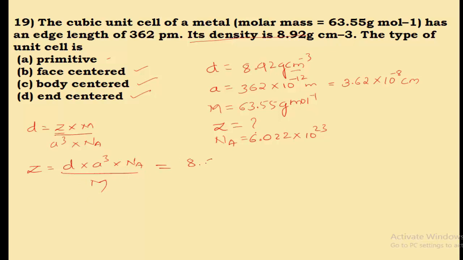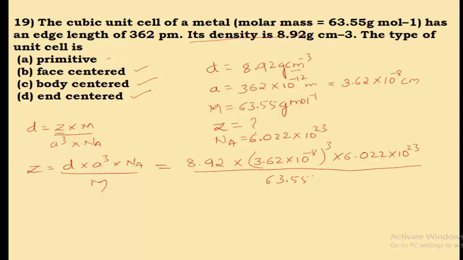D is 8.92 into A is 3.62 into 10 raised to minus 8 whole cube into Na is 6.022 into 10 raised to 23 whole divided by capital M. How much is the molar mass? 63.55. So on simplification you will get 4.0. That is the value of Z.